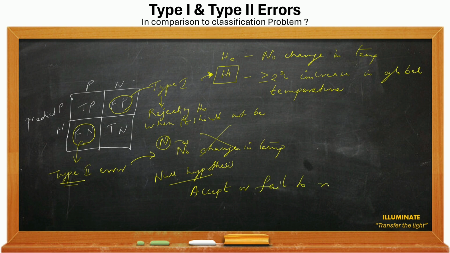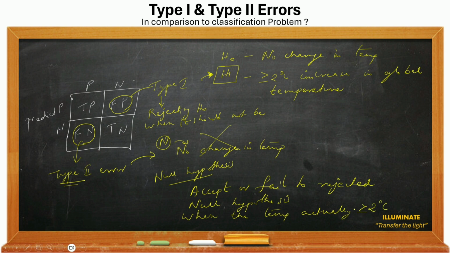This is how statistically we say it: we fail to reject the null hypothesis when the temperature has actually increased by at least 2 degrees Celsius. So the temperatures did actually increase by 2 degrees Celsius, but we failed to reject the null hypothesis. The chance of making this type of error is known as type 2 error.